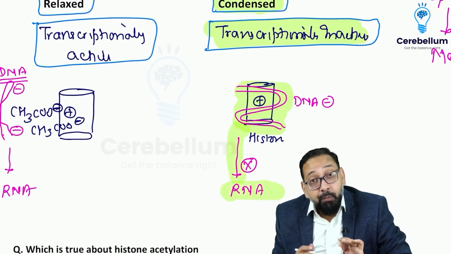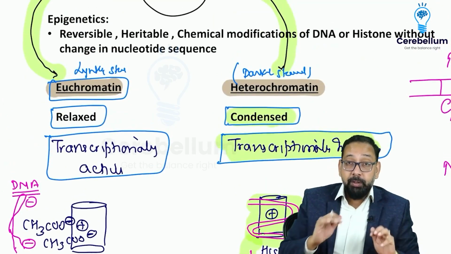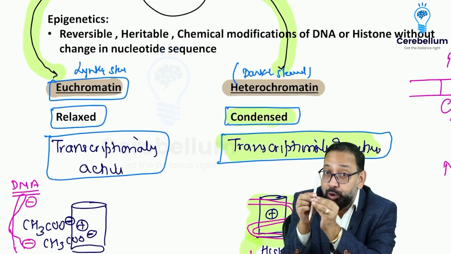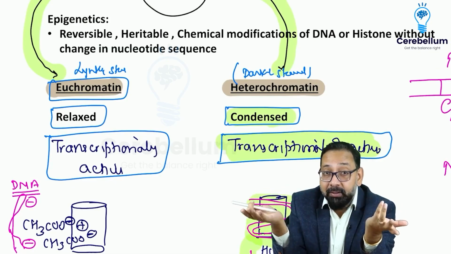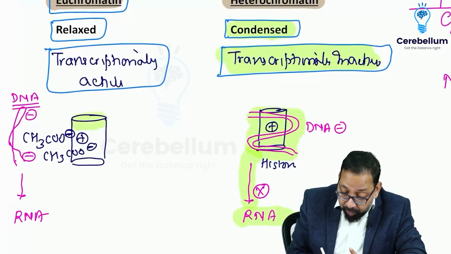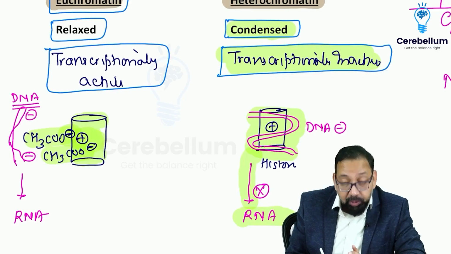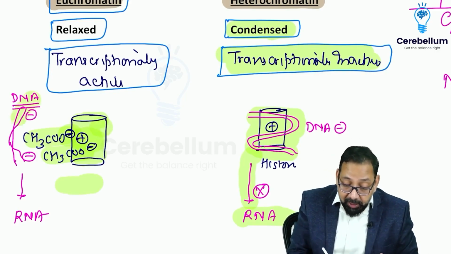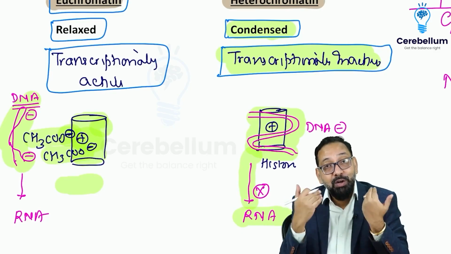But I can convert this heterochromatin to euchromatin. How? If I take one acetate group and attach to histone, positive charge of histone will be lost and DNA will relax. Suppose this is histone having positive charge and you attach acetate, CH3CO minus, that negative charge will neutralize this positive charge. When histone is neutralized, DNA having negative charge will not attach to histone because histone is now neutral.